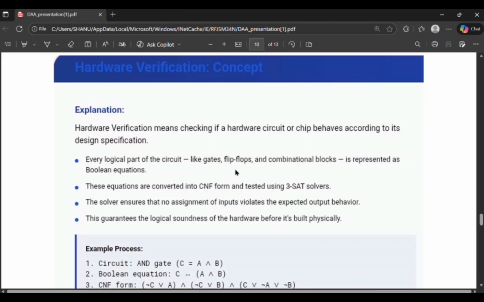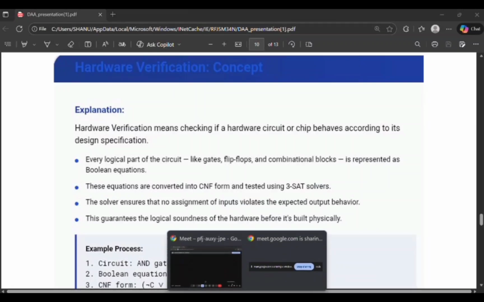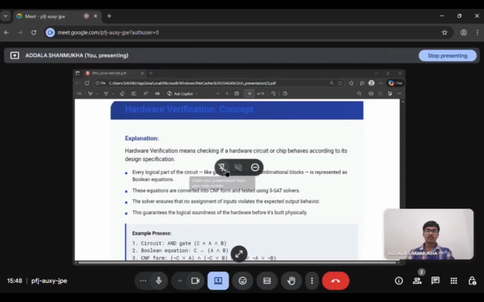For example, for an AND gate with inputs A and B, output C, we write C equals A and B. This can be converted into CNF clauses: negation C or A, negation C or B, and C or negation A or negation B. If no output breaks these clauses, the AND gate works correctly.